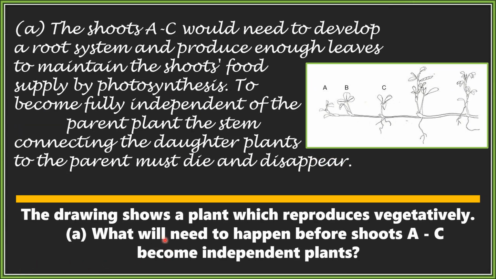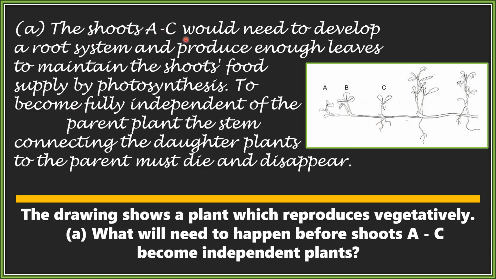Part A. What will need to happen before the shoots A and C become independent? So we have this shoot A here and this shoot B, C. What will happen before those shoots become independent?